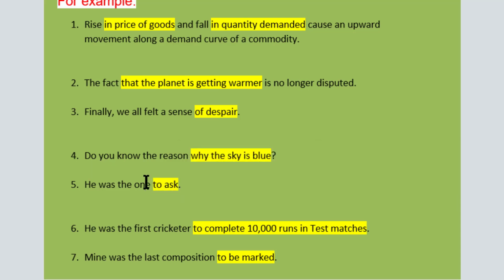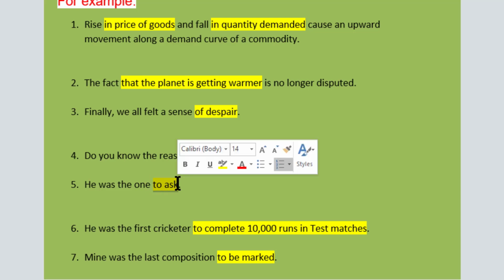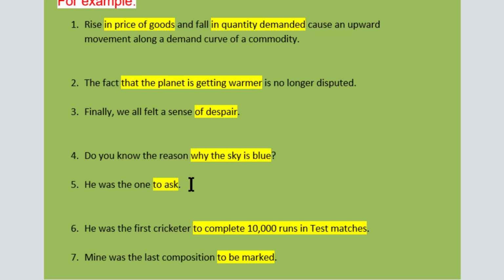He was the one to ask. This is just a reduction of a relative clause, a defining relative clause. The full sentence would be: he was the one whom you should have asked. After reduction, we have got this one, to ask.